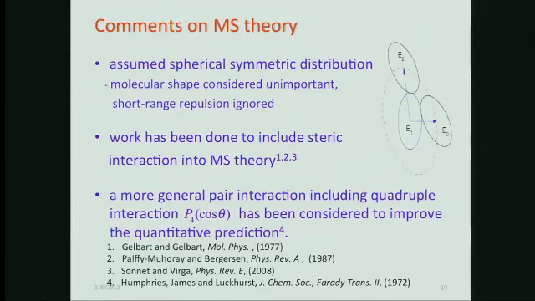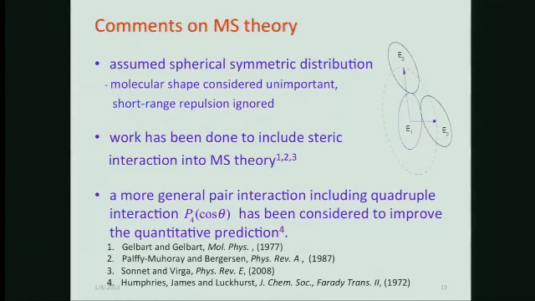In this theory, it has a simplified assumption of a spherically symmetric distribution, which just means the molecular shape is not really considered and the short range repulsion is ignored. Even for molecules which are spherical-like, if they have anisotropic polarizability, they can still form the nematic phase.